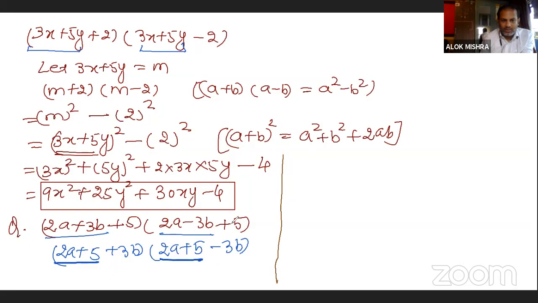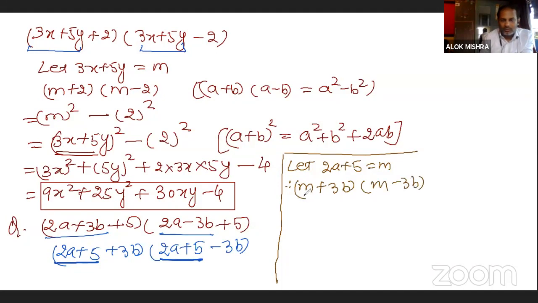So this I'll be writing as, let 2a plus 5 be equal to m. So what do I get? Therefore, I get m plus 3b and m minus 3b. Now, the first two terms are the same.